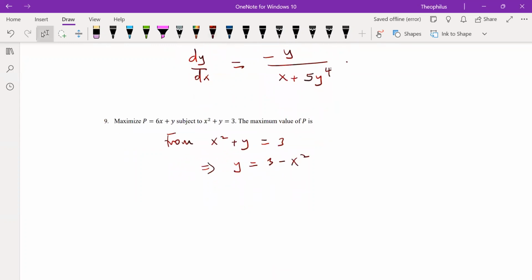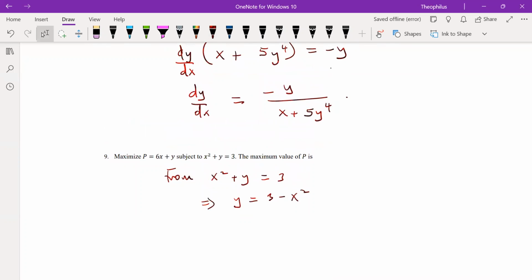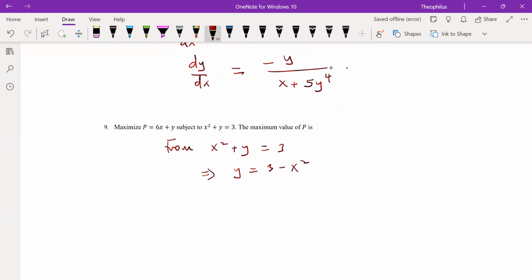Then afterwards, we are going to put this one into the maximization problem. Let me call this one star. So I will say substitute star into P equal to 6x plus y.